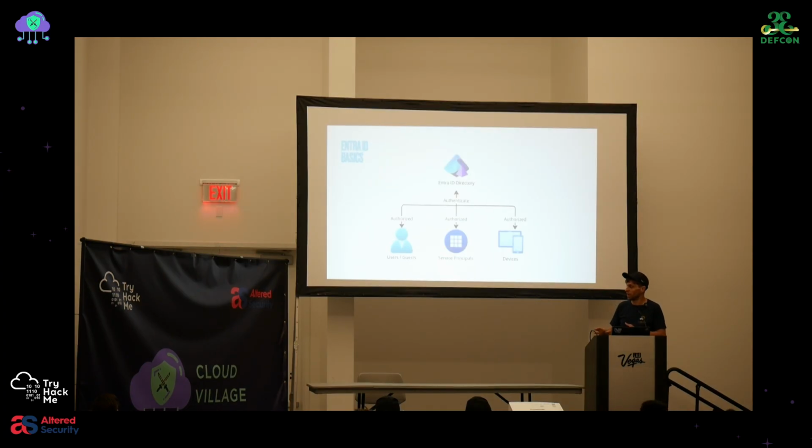So first of all, let's look at the security principals in Azure. We've got humans, those can be users and guests. Then we've got service principals, and then we have these devices, and all of these can authenticate against the directory, and then they're going to be authorized in some way. We're really going to focus on users and service principals next, because devices are a little bit strange, and there's a whole section for those later on.